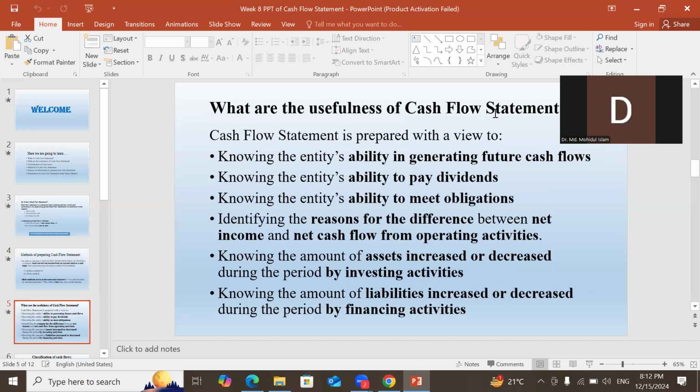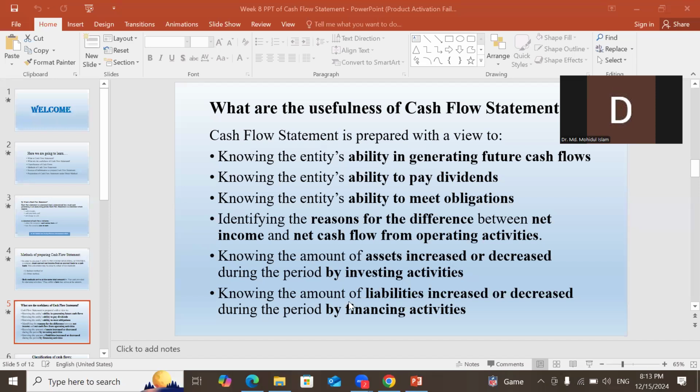What is the usefulness or importance of the cash flow statement? The cash flow statement basically tries to identify the ability to generate future cash flow, justify the entity's ability to pay dividends, justify the entity's ability to meet obligations, identify the reason for the difference between net income and net cash flow from operating activities, and know the amount of asset increase or decrease during the period through investment activities.